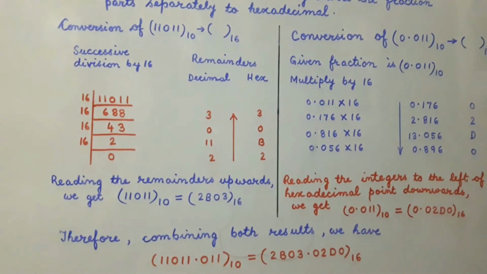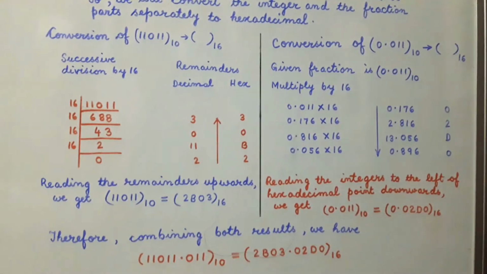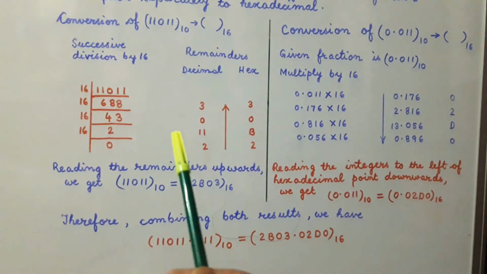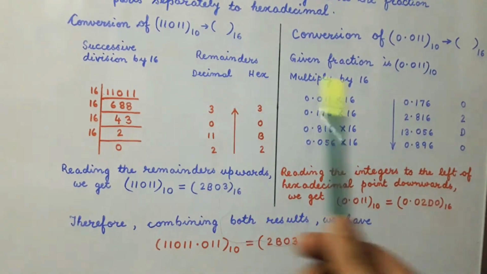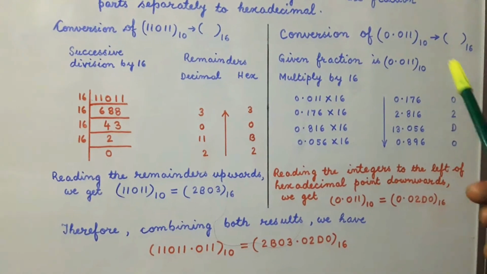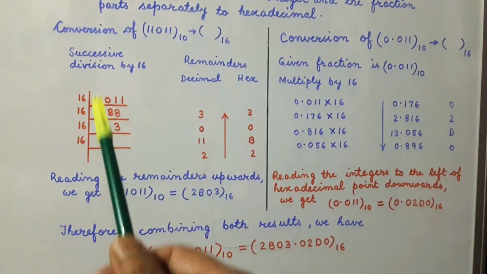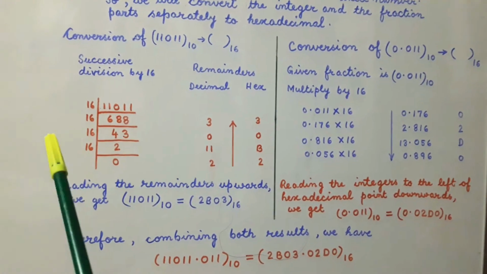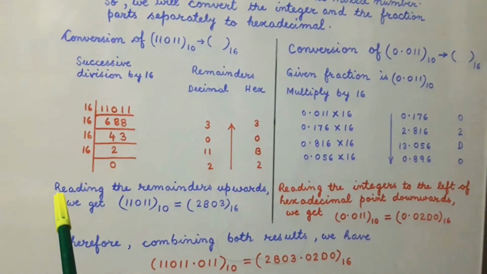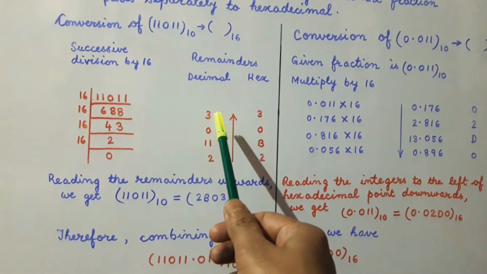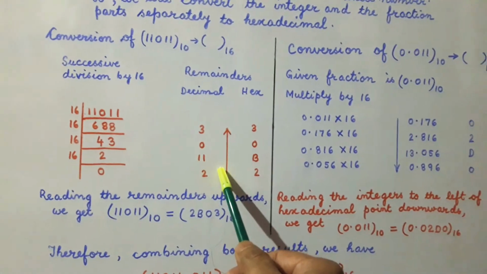So we will solve both the integer and the fraction parts separately. Here we have taken the integer part and here we will convert the fraction part. For converting the integer part, we will divide the number successively by 16 and we will write down the remainders.